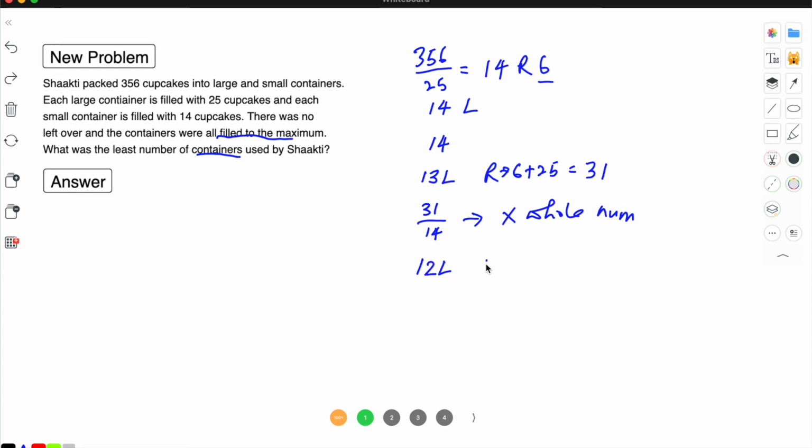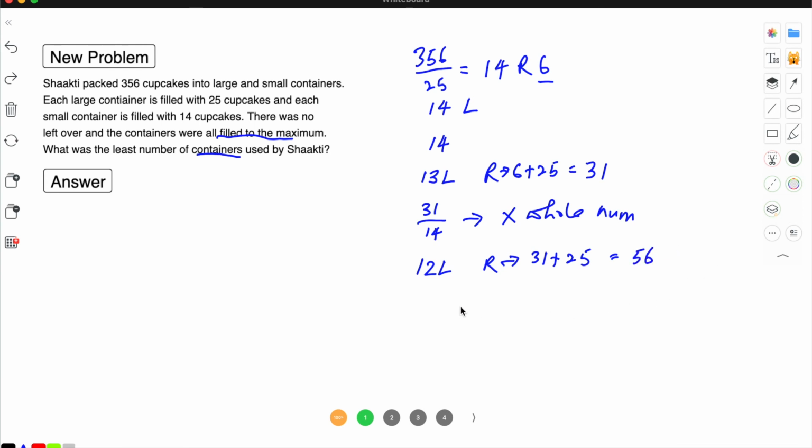What does that mean? That means the remainder will be increased again. From 31 you will have to add 25. Why 25? Because 25 is the capacity of the large container. So this will give us 56.